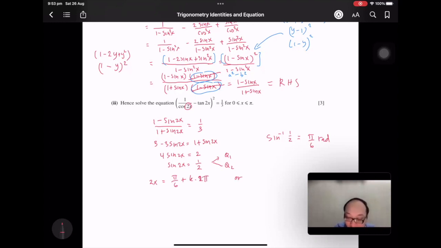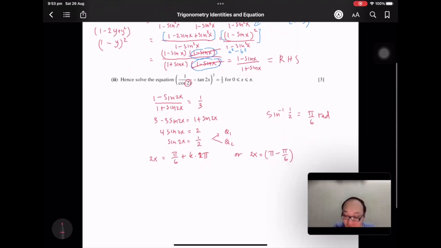Or in the second quadrant, 2x will be equal to pi minus pi over 6, yeah, 180 minus 30, and then plus k times the period, 2 pi. And simplify into pi over 12 plus k times pi.